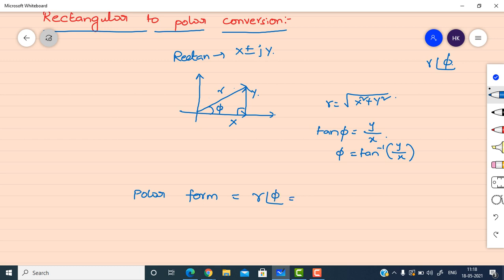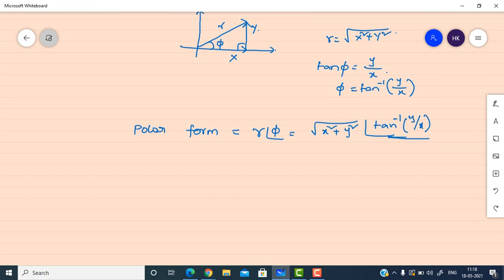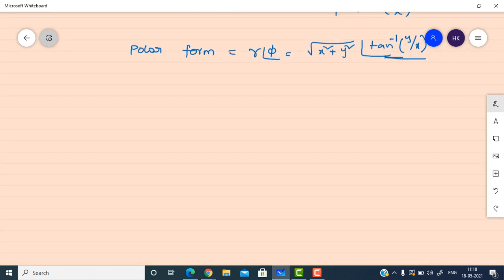Here r is under root x square plus y square at an angle phi, whose value is tan inverse y by x. Now this is the polar form representation. Are you following or not? Now I will give you one rectangular form, convert it into polar form.